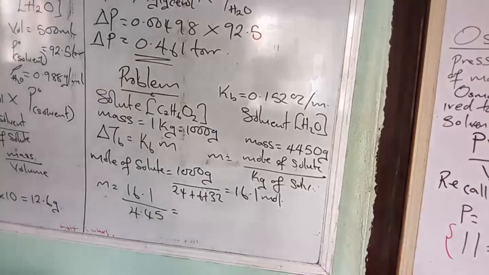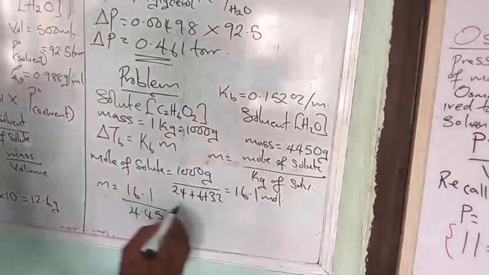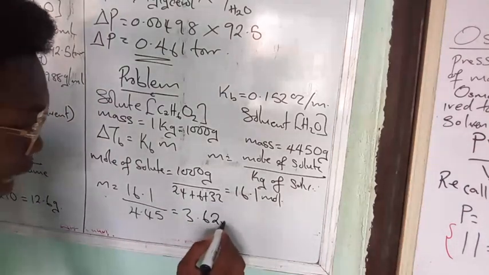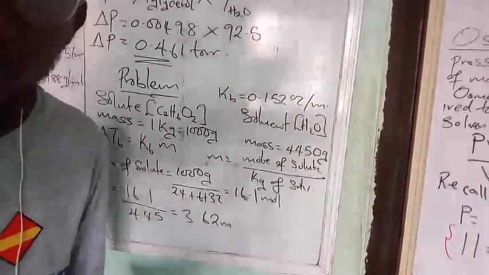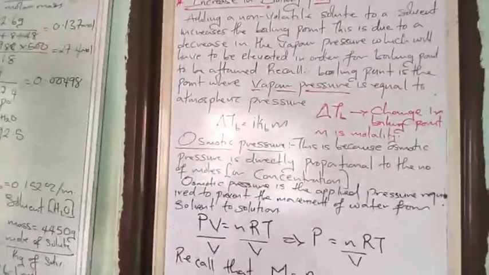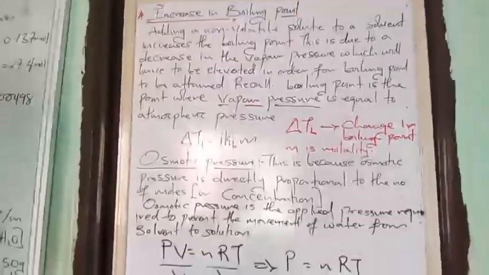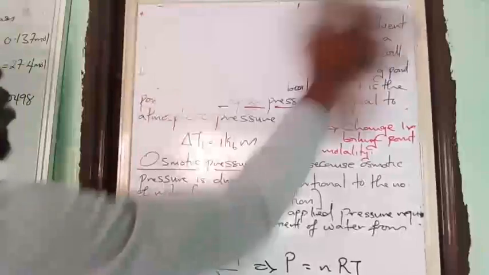And that gives us a value of 3.62 m. So now we can get our change in Tb.